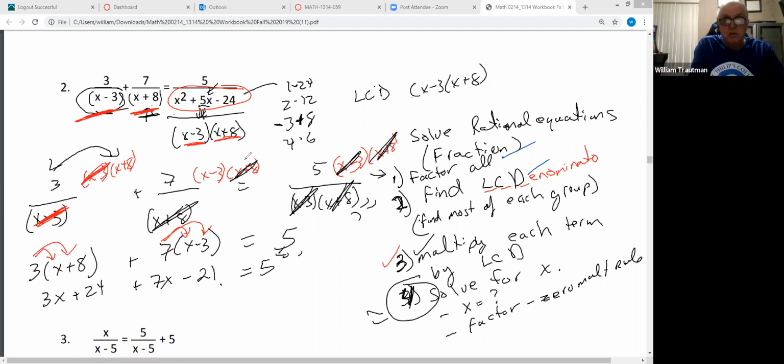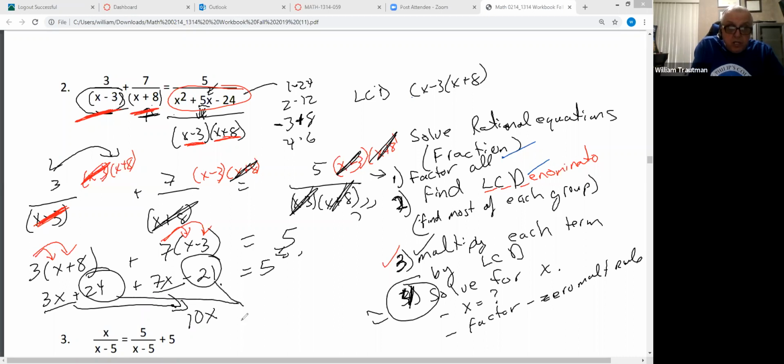On the left side, 3X plus 7X is 10X. 24 minus 21 is plus 3. And then we have an equal 5.